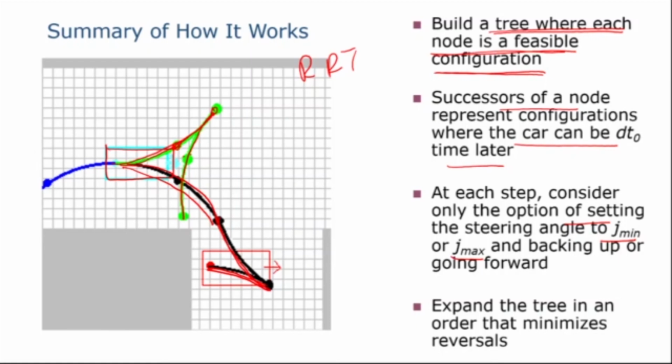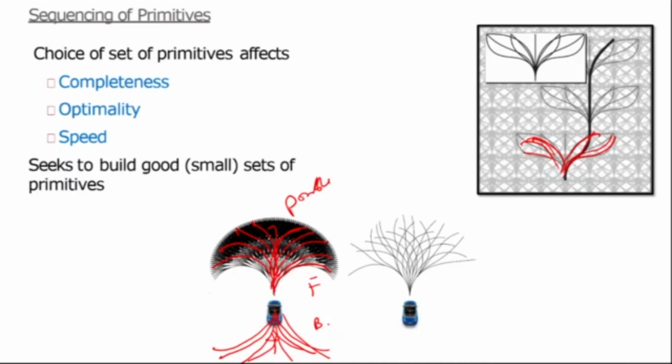So these nodes are feasible configurations, exactly similar to what we were doing in this case. This is exactly what we are doing. We are building nodes which are feasible and then trying to see whether I can connect the initial point to the goal point. It will become more clear in the next example.